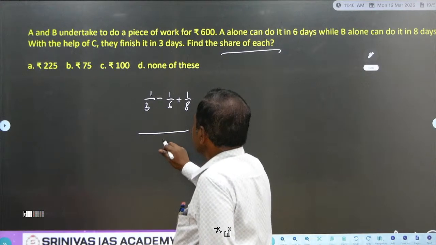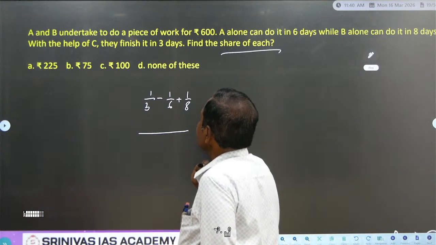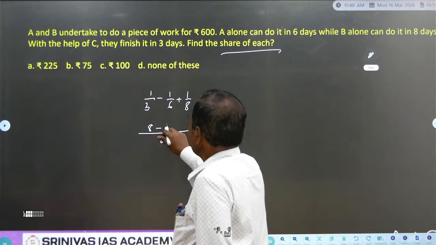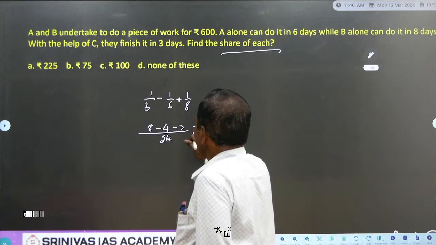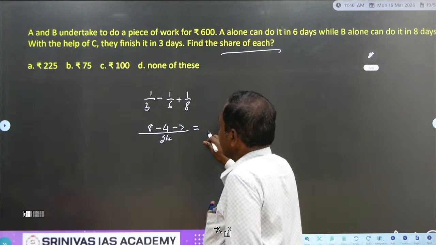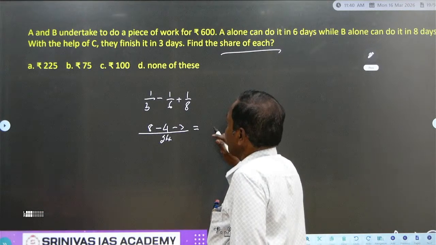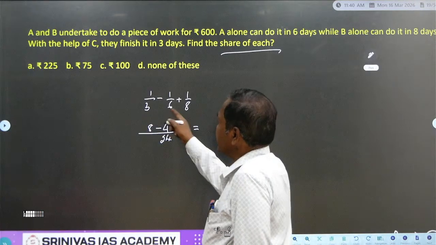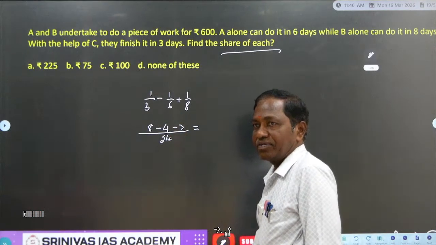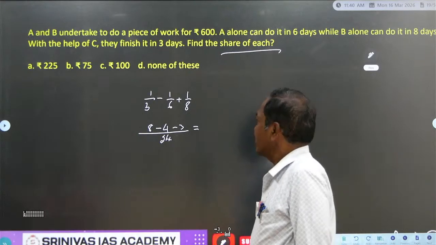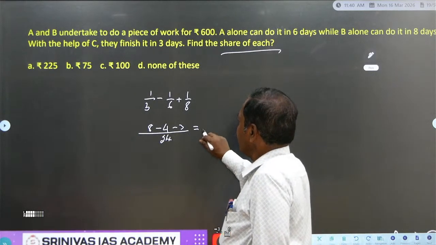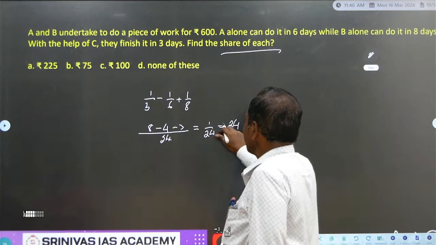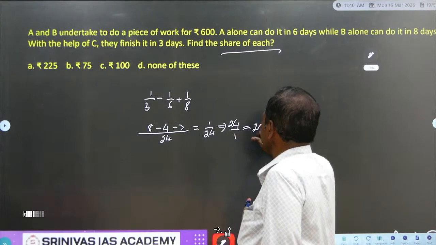What is the LCM of these 3 items? 3, 6, 8, 24 is the LCM. 8 minus 4 minus 3. 144, LCM is how much? No. See, the multiple of 8 is 24. 24 can be divisible by 3 and also by 6. Then see, 1 by 24. This is C's work. 24 by 1.